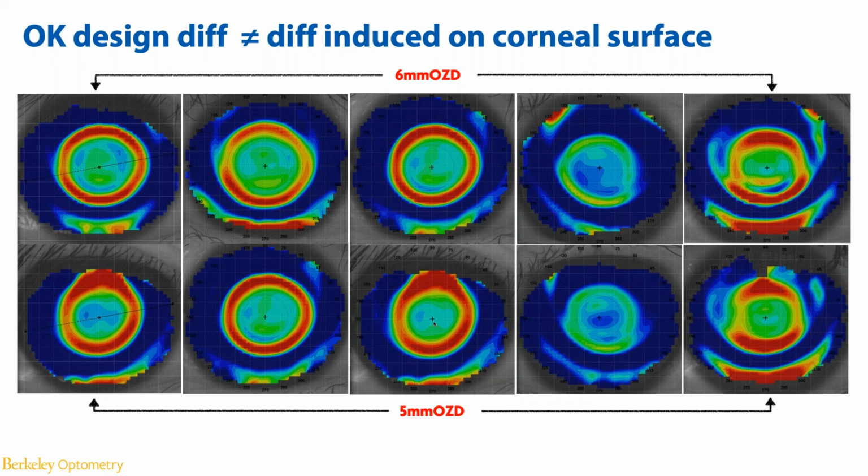My second indication moving forward: if I'm seeing someone with some level of anisometropia, I will probably do a mini test of fitting the higher myopic eye with a 5 OZ and the lower myopic eye with a 6 OZ to see clinical performance-wise, topographical changes, whether I see a difference. So those would be my top 2 indications for using the 5 OZ.